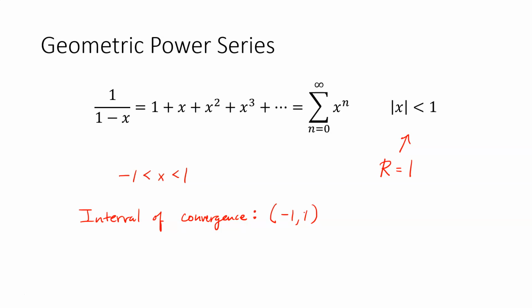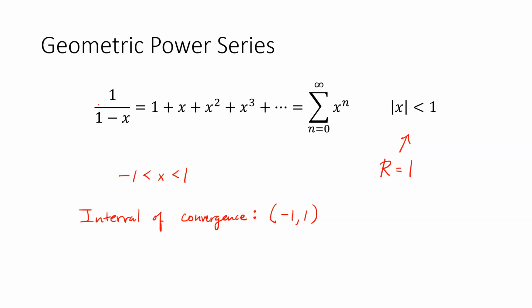So our interval of convergence is this open interval. Now we want to look at different functions that can be formed as a power series by manipulating this function through substitution. For instance, I could substitute in different values of x here, or different expressions for x, and that would give me different versions of a power series.